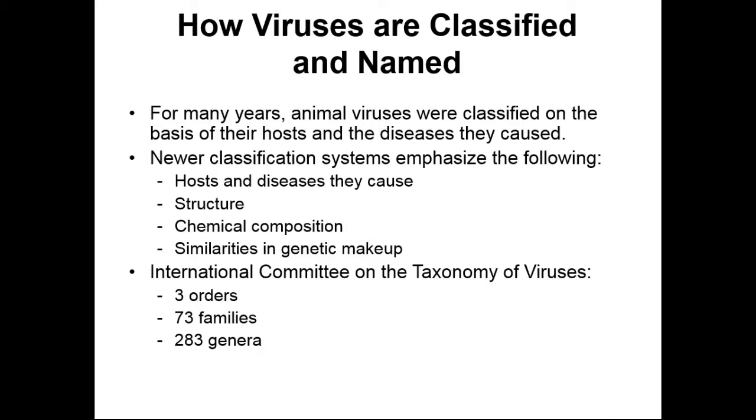The newer classification system still takes into account the host and the disease, but also looks at a more structural or chemical or compositional viewpoint of the virus, or the genetic makeup of the virus. So now we're able to find virus subtypes and more accurately categorize our viruses based on their storage information.